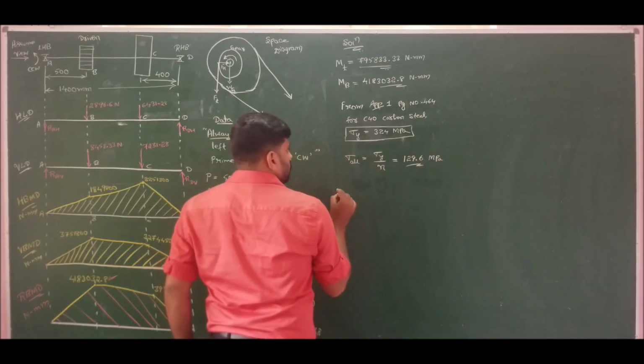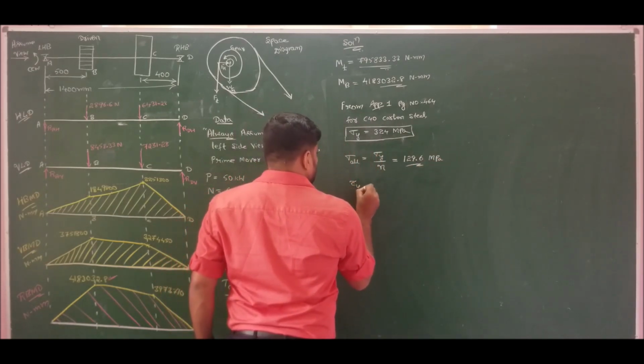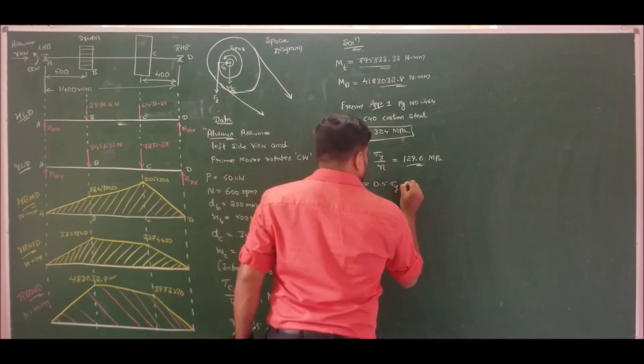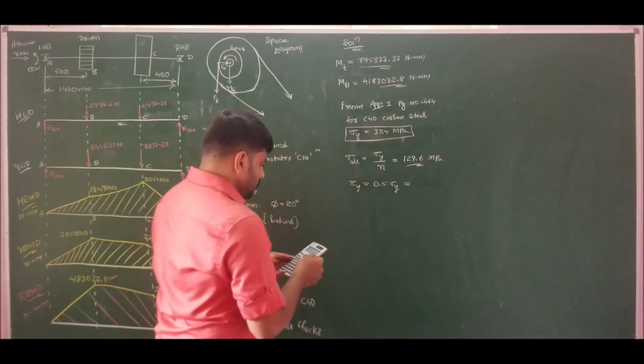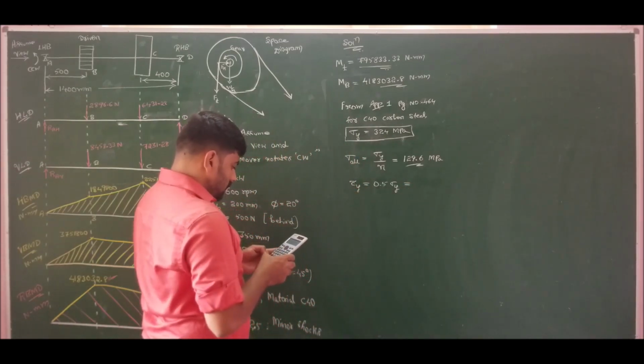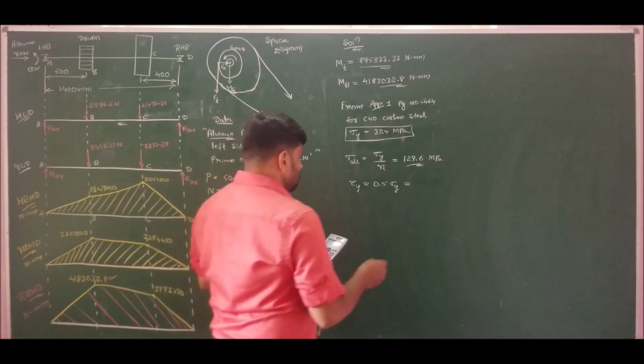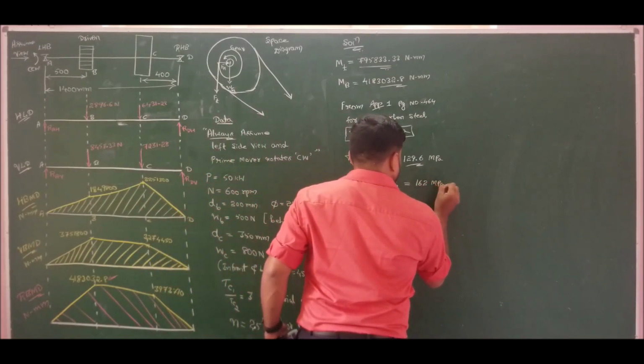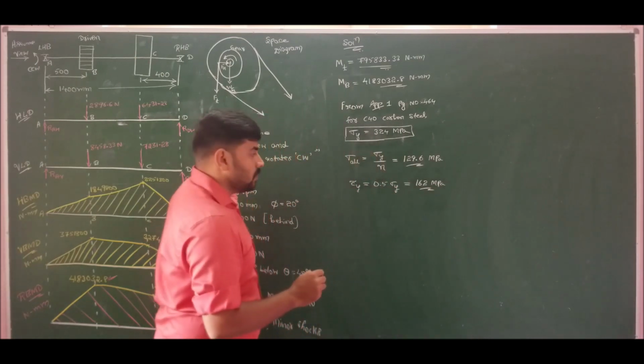And also we know that tau yield is 0.5 times sigma yield. So I will get tau yield as 324 by 2, it is 162 megapascals. So this you people already know.